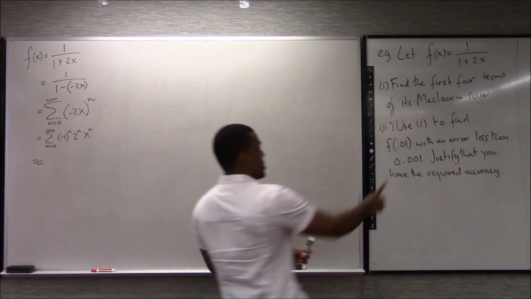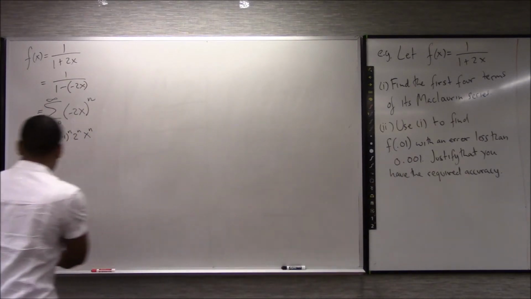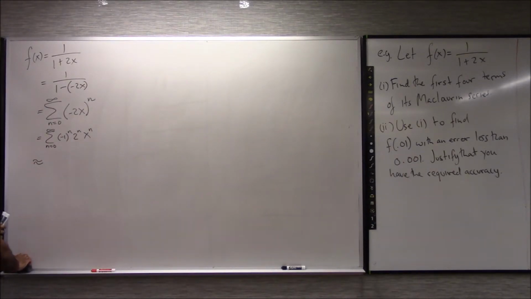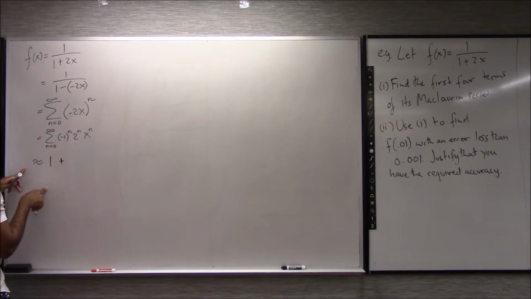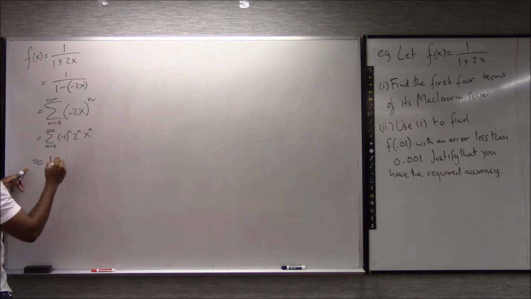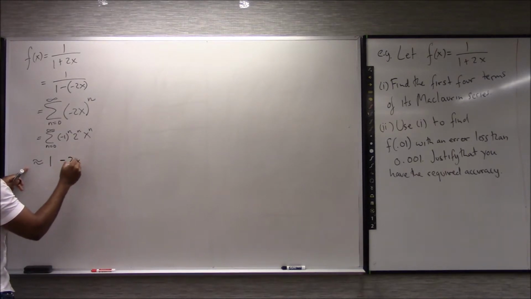It asks us for a specific value. Well, after the first 4 terms, we're going to plug this in and then evaluate it at that value. So plug n equals 0, I would just get 1, right? Plus, plug in n equals 1, I would get minus 2x.